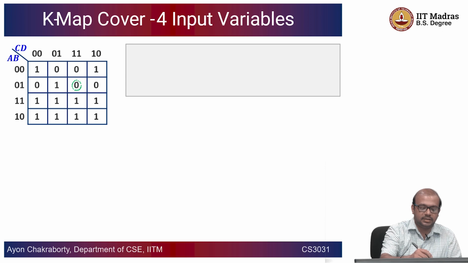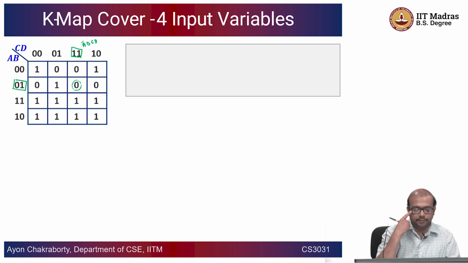This term is nothing but an intersection of this 0 1. So, A is equal to 0, B is equal to 1, and this term, C is equal to 1, D is equal to 1. So, the corresponding min term will become what? A bar, B, C, D.